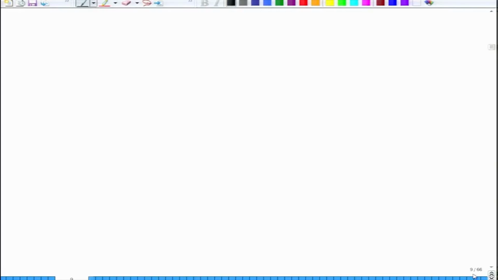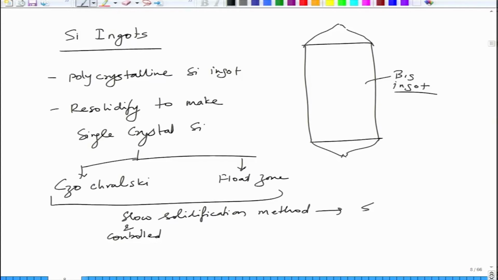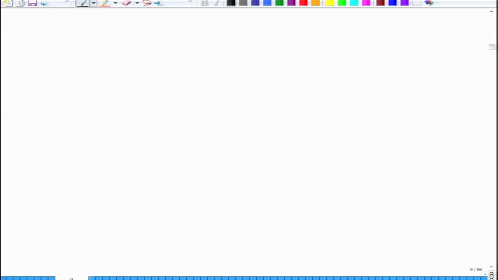So essentially, in using these two methods, these are slow and controlled solidification methods which give rise to the formation of single crystal silicon. So, you can read about them in books, Czochralski and float zone method. They are basically solidification methods to make single crystal silicon.